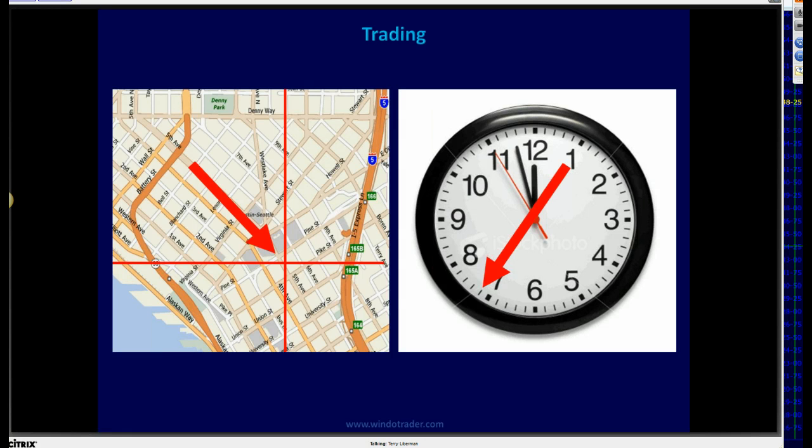For some of us, our tool of choice is really the market profile.